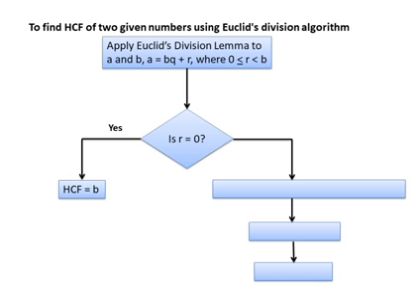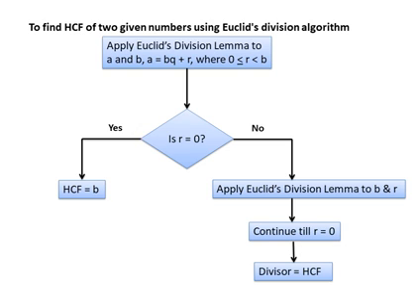If the remainder is not equal to 0, then we need to apply Euclid division lemma to b and r. If it is 0, then HCF is the divisor. Otherwise, we apply the Euclid division lemma continuously until the remainder is 0. That is the method of finding HCF using Euclid division algorithm.